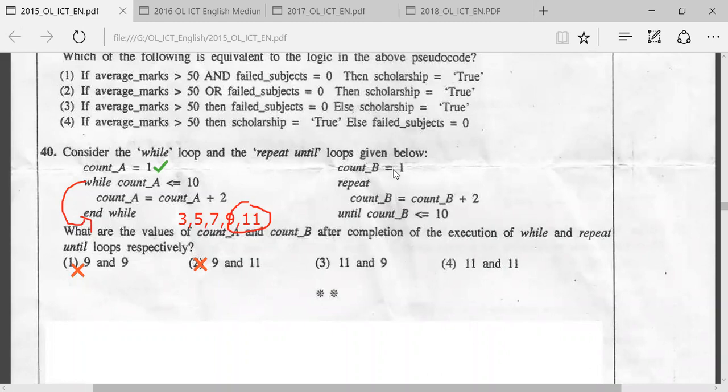As I said earlier, one time the loop will be executed without any issues. So count B equals 1, repeat, count B equals count B plus 2. So 1 plus 2, it is 3.